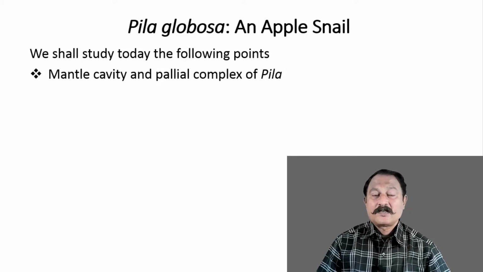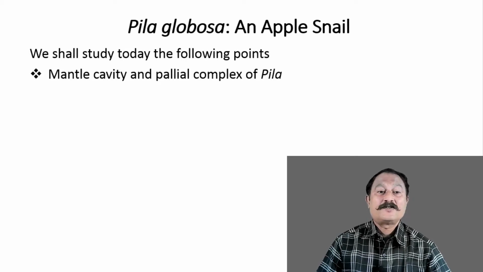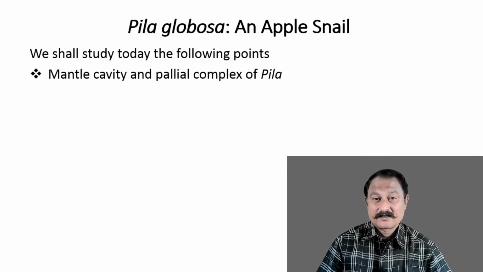What we are going to study today from this mantle cavity and pallial complex, what are the characteristic features, because we hadn't gone through the words mantle or pallium. First time we are going to deal with them.